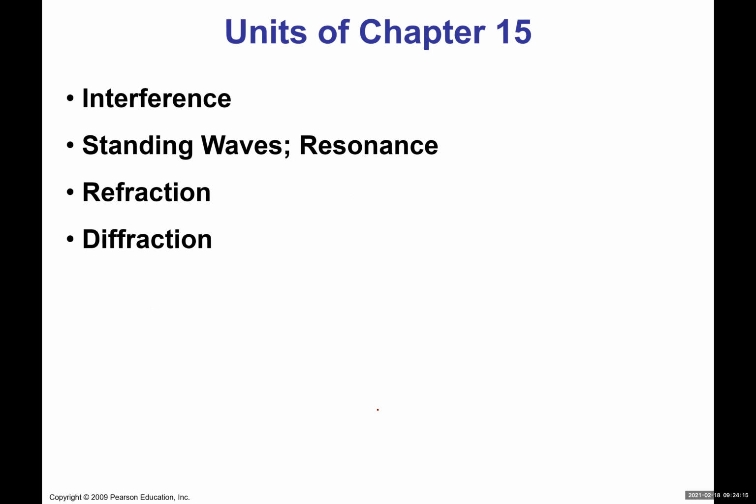Then we're going to look at another application, which is standing waves and resonance. And then briefly cover refraction and diffraction. The last two will be extensively covered in later chapters when we get into optics, but here I'm going to give you a little taste of refraction and diffraction.